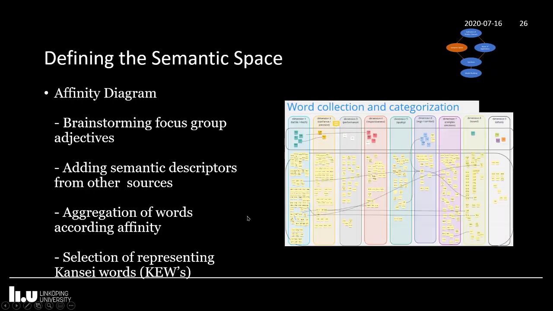Then it looks like this. Here we have all the post-its collected for a product. We then find out some of them are grouping together into certain groups, and these groups are then grouped together on a higher hierarchy in some way.